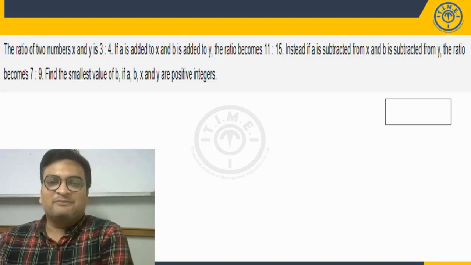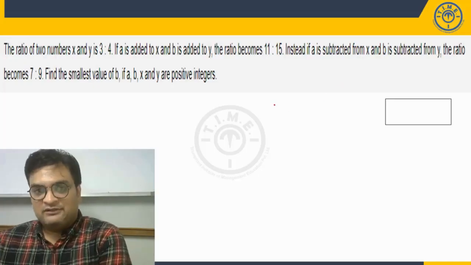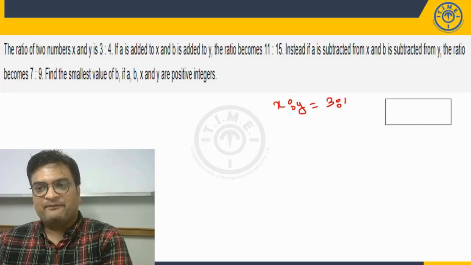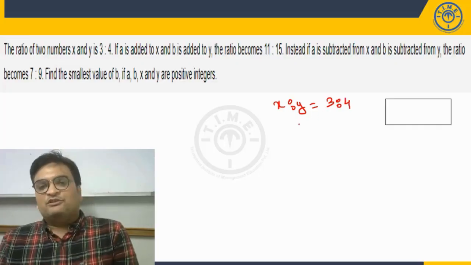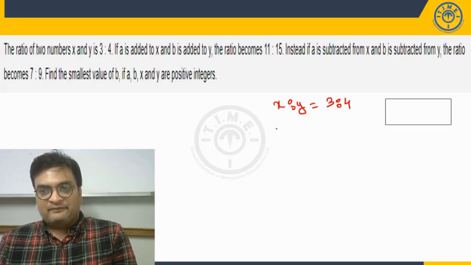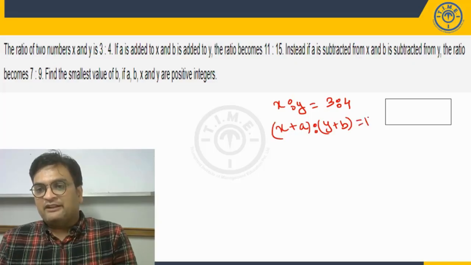So it says the ratio of two numbers x and y is 3 is to 4. So x is to y is 3 is to 4. If a is added to x and b is added to y, the new ratio becomes 11 is to 15.